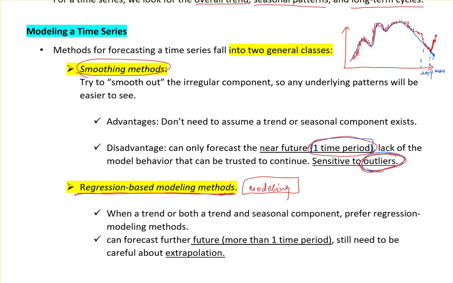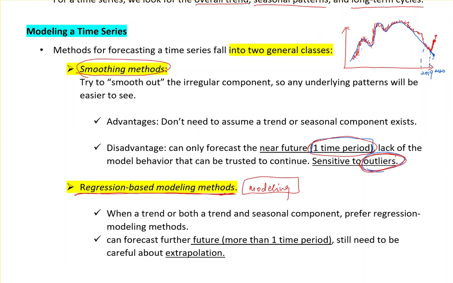If a time series has a trend component, or both trend and seasonal components, then we will prefer to use the regression modeling method because it is more stable.